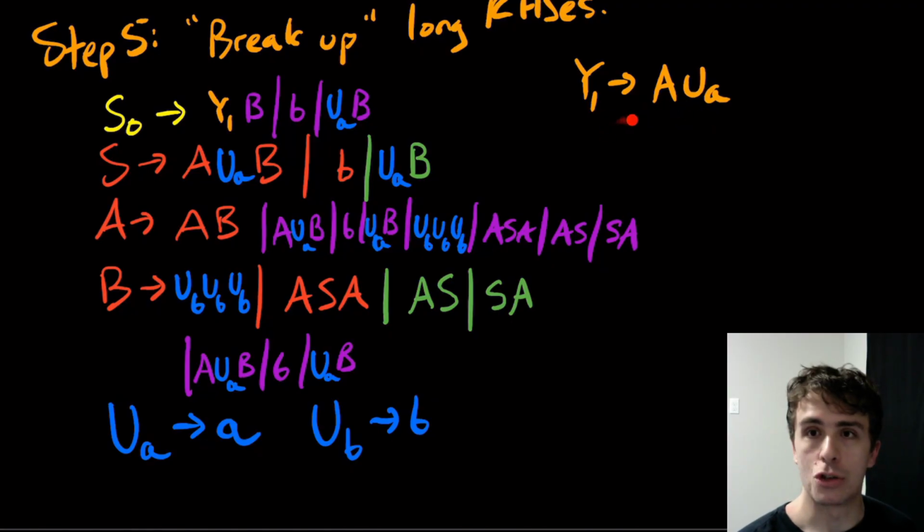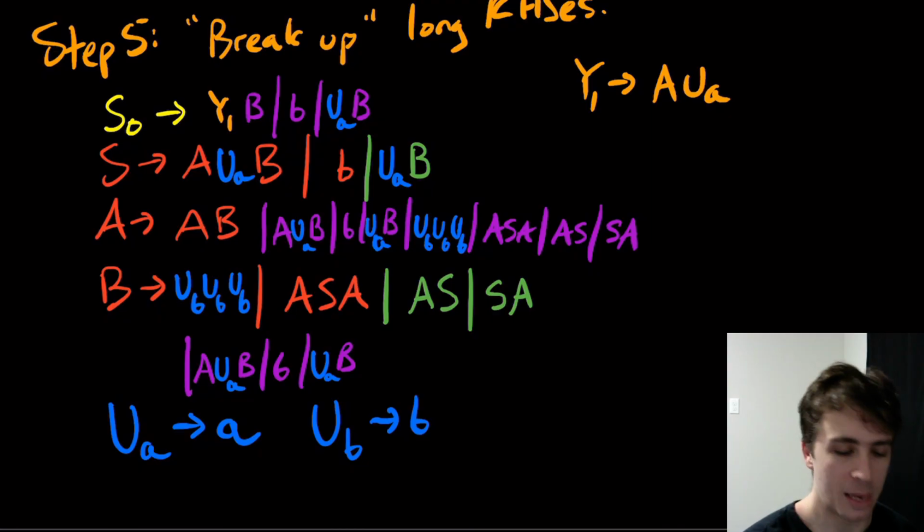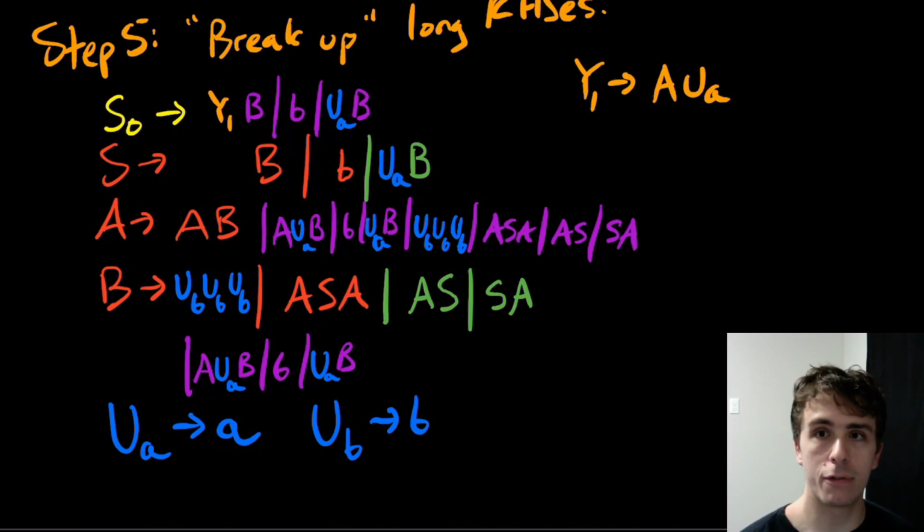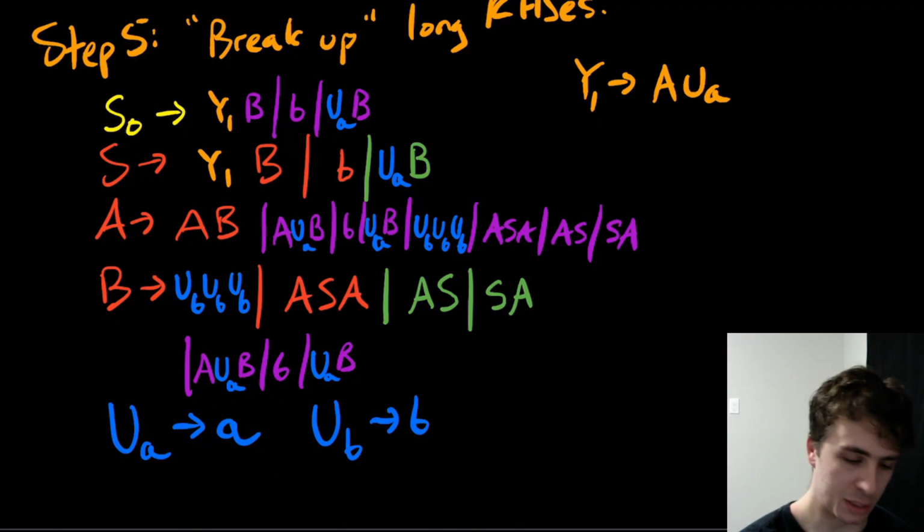So as long as we don't add an additional rule for y1 and just use this one only, but repeatedly use y1, then it's still correct. It's just a little harder to actually prove that it's correct, but it actually does work. So I should make a y2 here to make a u sub a, but I'm just going to reuse the same variable purely for our sanity and for space reasons.